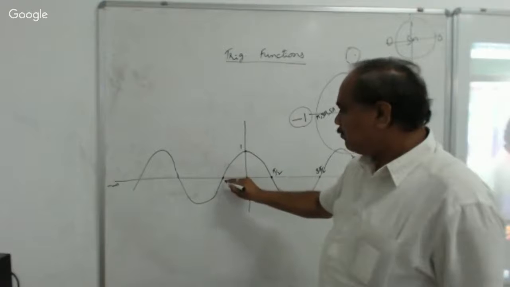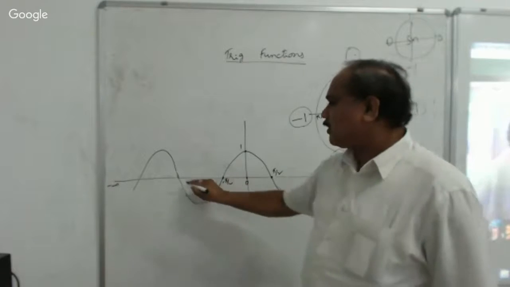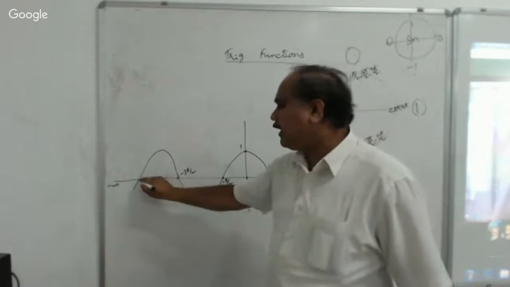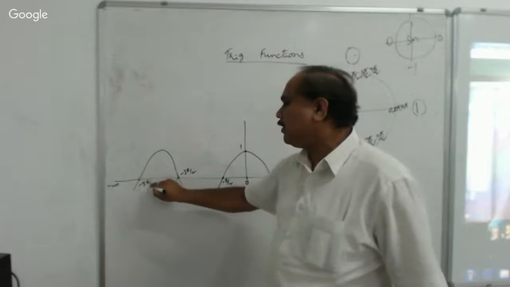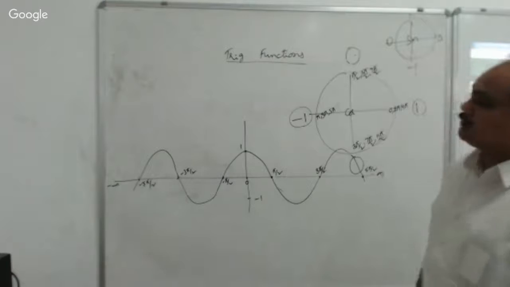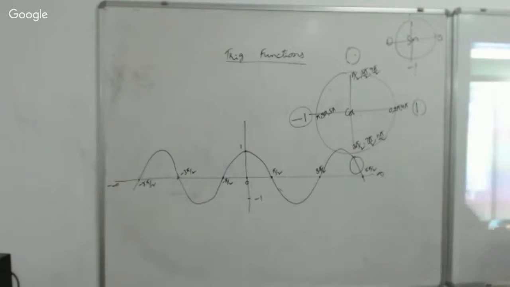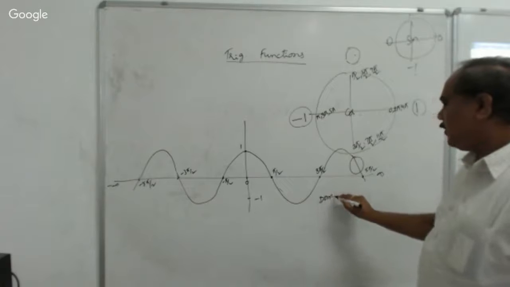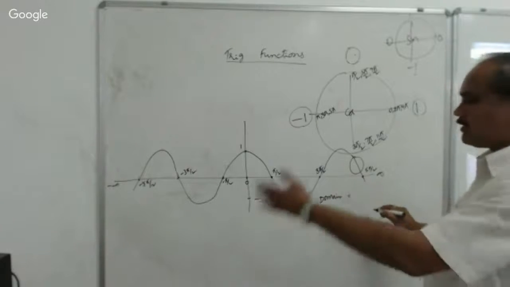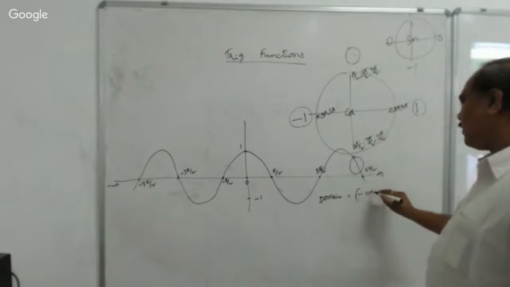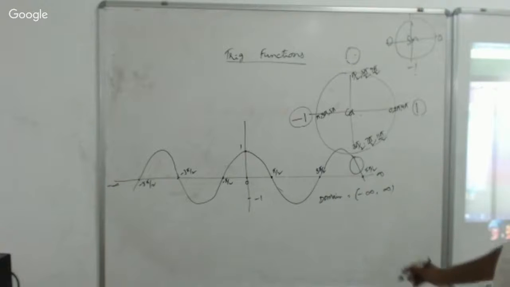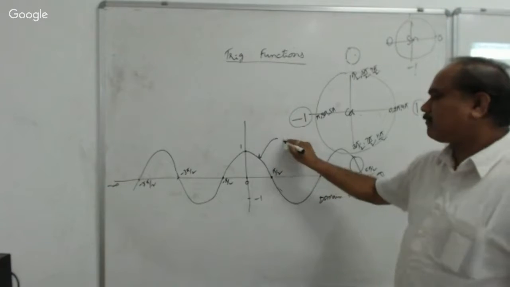Similarly, cos of -pi/2, cos of -3π/2, cos of -5π/2 are all equal to 0. Here also its domain is the same on the x-axis. It covers from -infinity to +infinity. That is called the domain of the given function, cos.